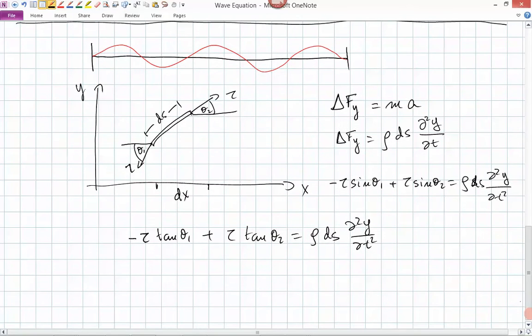And now I can write this as dy/dx. So this is minus tau partial y with respect to x, that is the tangent here, evaluated at a point x, plus tau partial y with respect to x at x plus dx, which is this point.